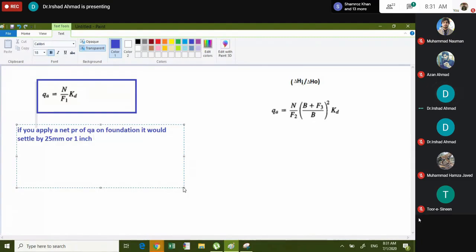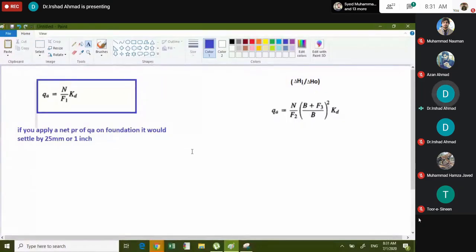Now, if you are asked to find QA for 50 mm settlement, not 25 mm settlement, you would increase the pressure on the foundation so that the settlement is equal to 50 mm, because this equation is applicable for 25 mm foundation settlement.